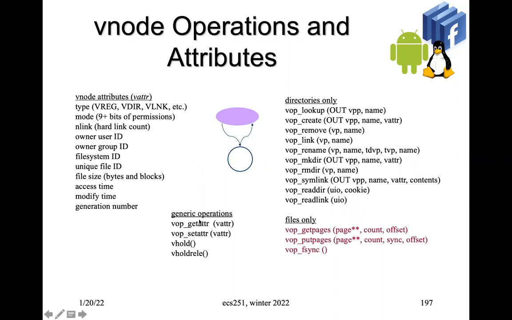And then you have a set of generic operators. The generic operators essentially say, if you want to do something with a file, these are the member functions for you to access this file. And this is a standard, by the way. For example, you can look up, and this part is directory.